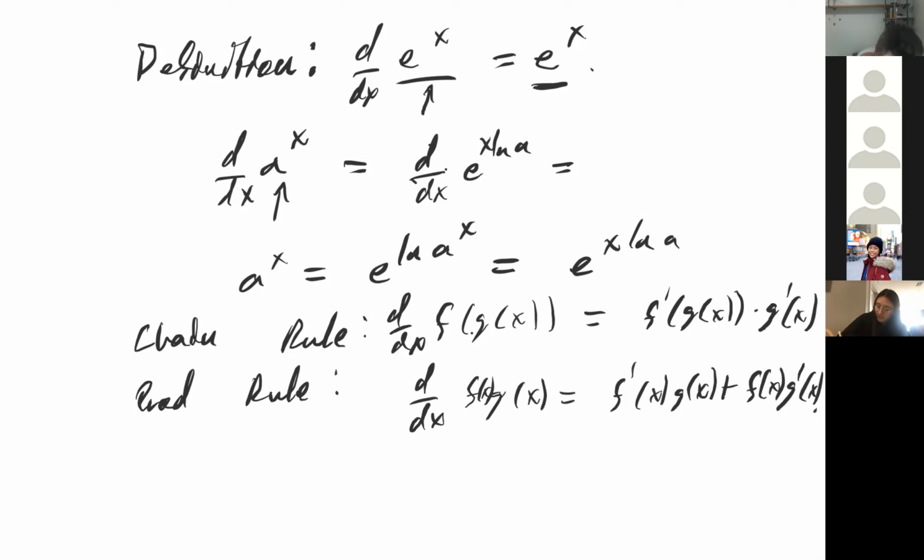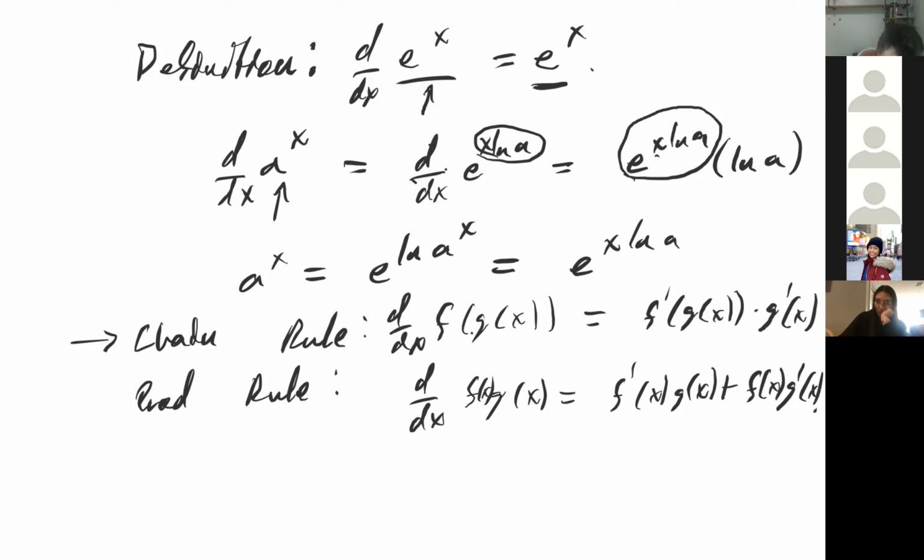So we use the chain rule here. We take the derivative of the outer function, which is e to the x ln a, so we get e to the x ln a, and then we take the derivative of the inner function, which is x ln a, and we just get ln a. Then we can do another simplification.